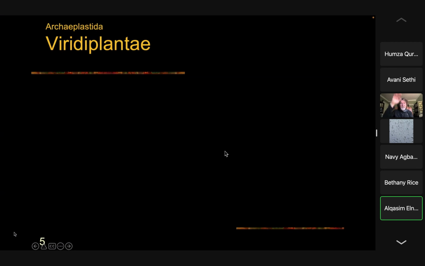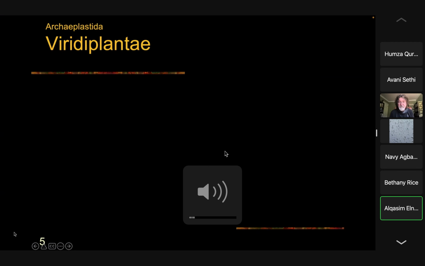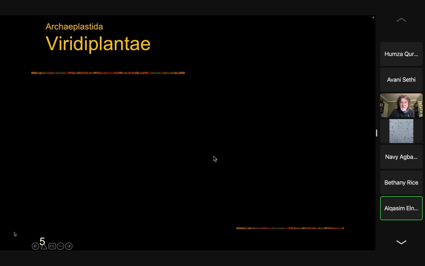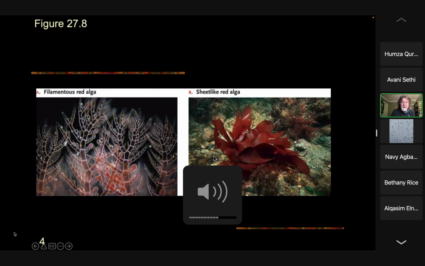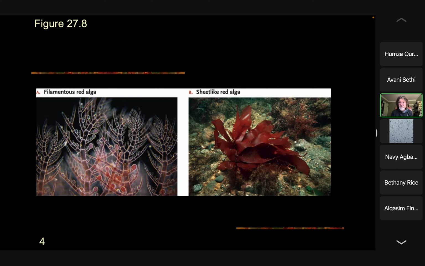Professor, real quick. Can you repeat what the phycoerythrin does exactly? Okay, it's just like chlorophyll. It absorbs light. It's a pigment that captures light energy and channels it into the electron transport chain by moving electrons. But the wavelengths of light that it absorbs well is blue.